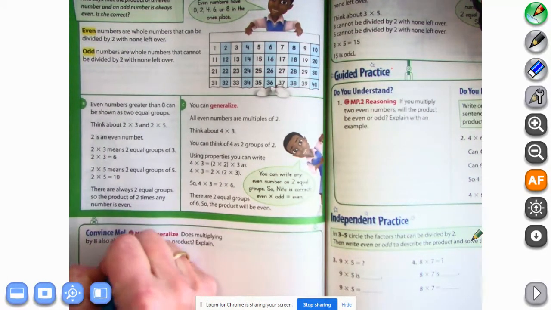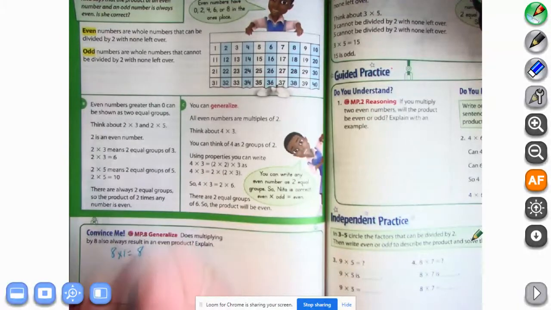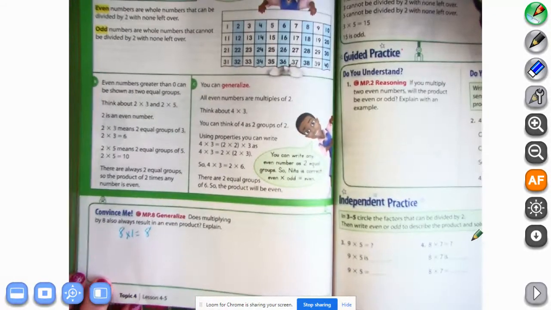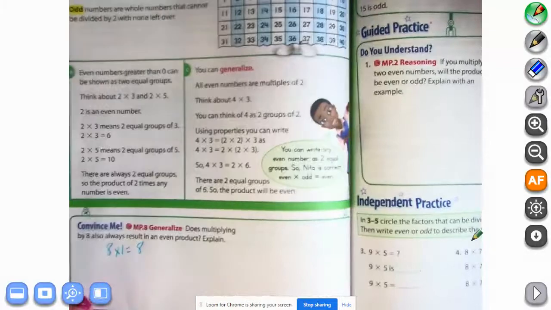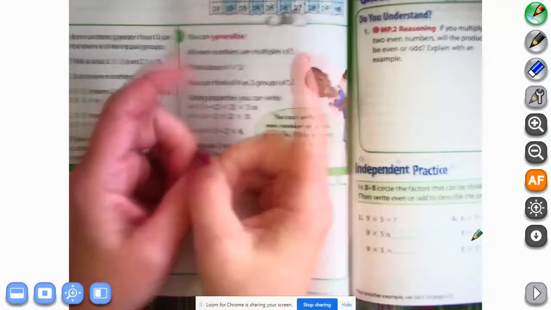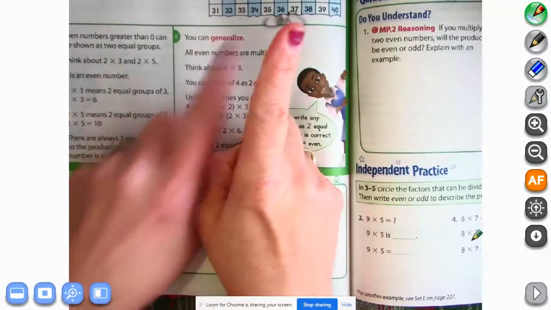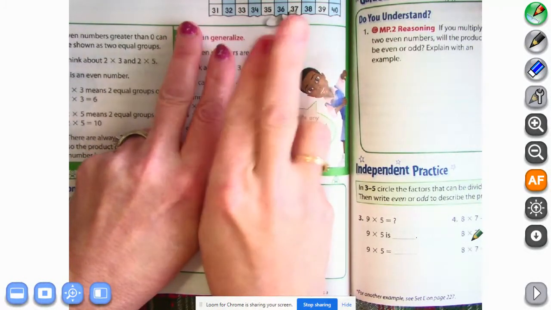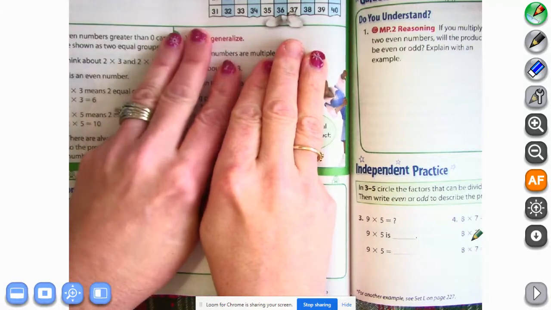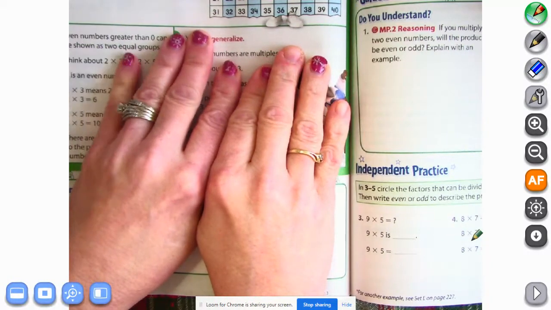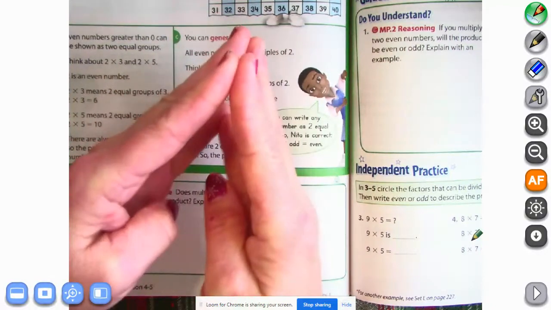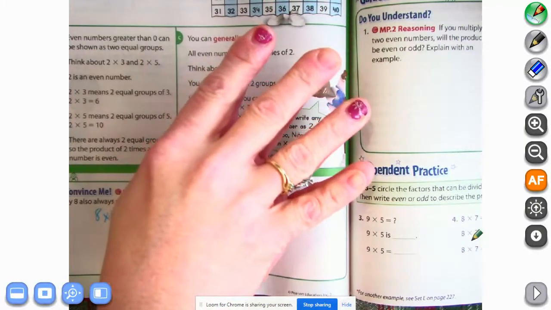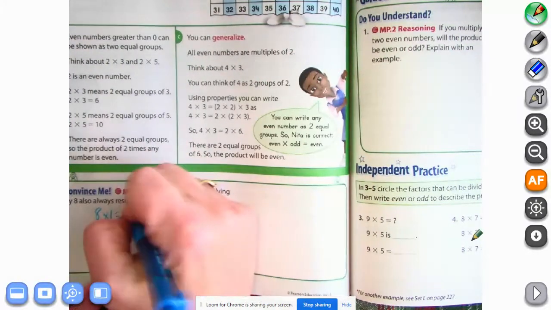8 times 1 equals 8. If we try 8, that's 1, 2, 3, 4, 5, 6, 7, 8, and we can match them up with nobody left over. So that one's even. Check.